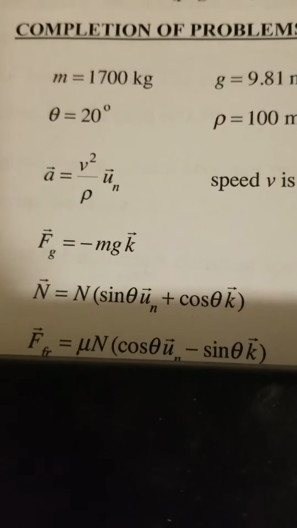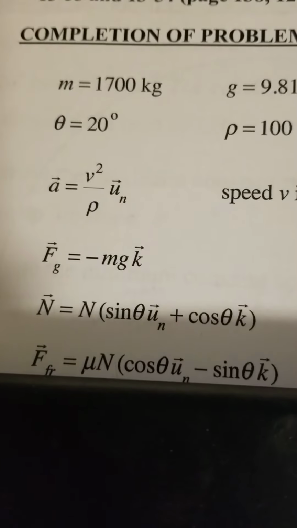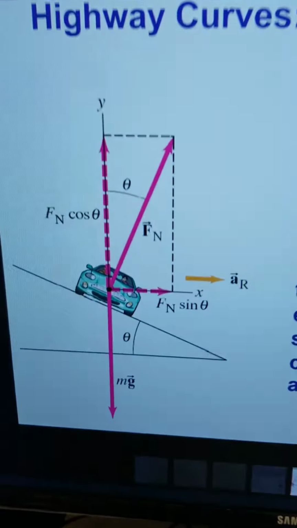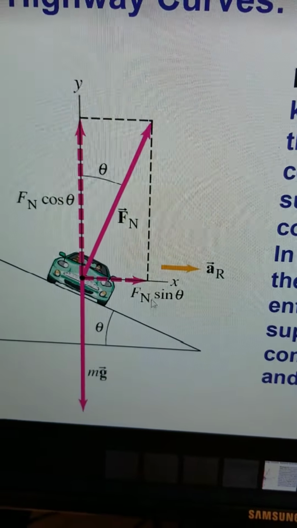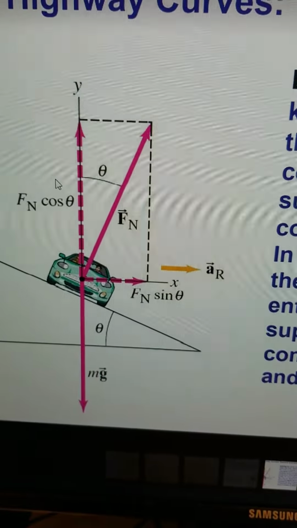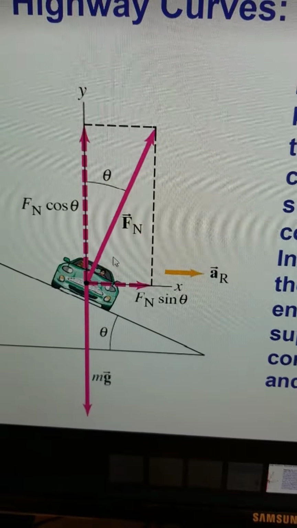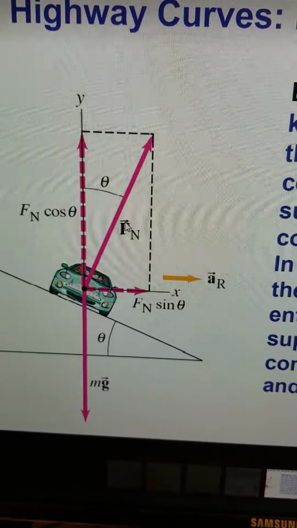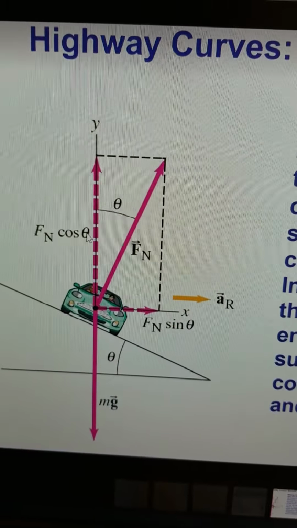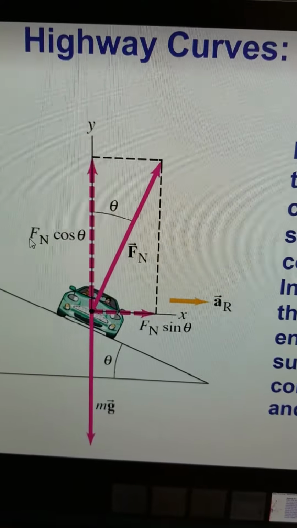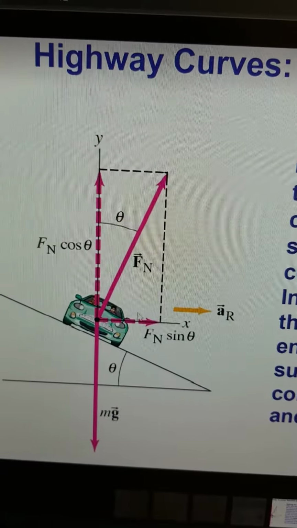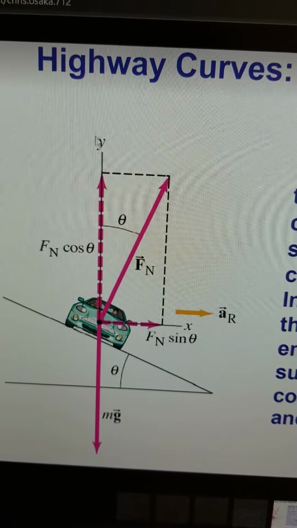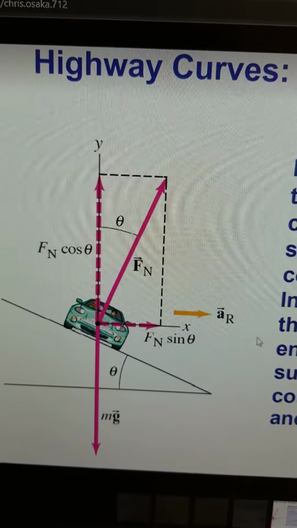If you can see from this diagram, this angle here is equivalent to this angle as well. The part that moves inwards is sine of this angle times the normal force, and the part that moves up is the cosine of this angle times the normal force. So they are written as a whole, part y in this diagram, and part x here.